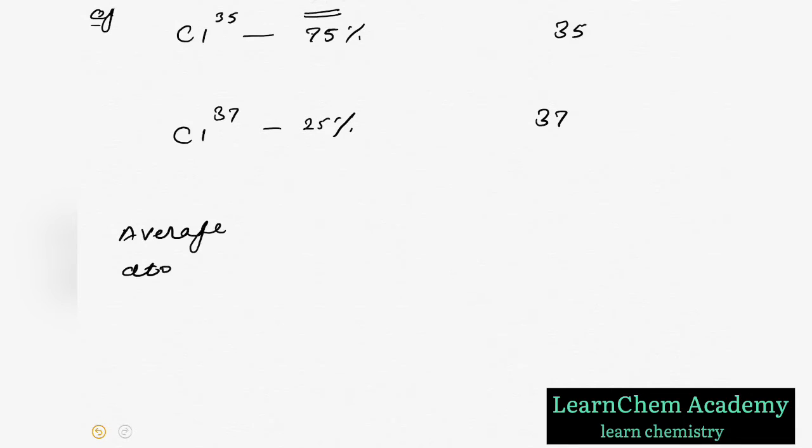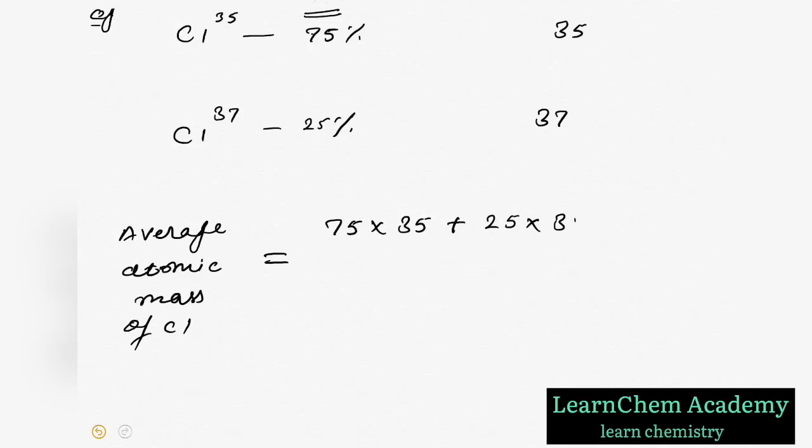So we can calculate the average atomic mass of chlorine, that is equal to the percentage abundance of Cl35, that is 75, and its atomic mass is 35, plus the percentage abundance of Cl37 is 25 and its atomic mass is 37, divided by 100.